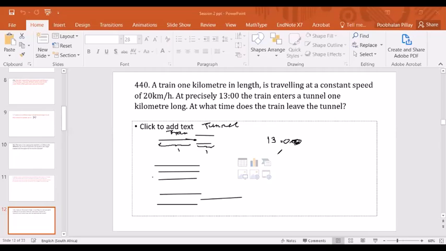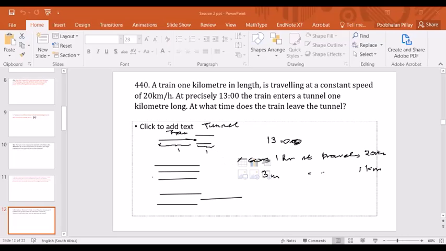It means that in 1 hour, which is 60 minutes, it travels 20 kilometers. So in 3 minutes, it travels 1 kilometer. Now, I'm interested in 1 kilometer because that's the length of the train.